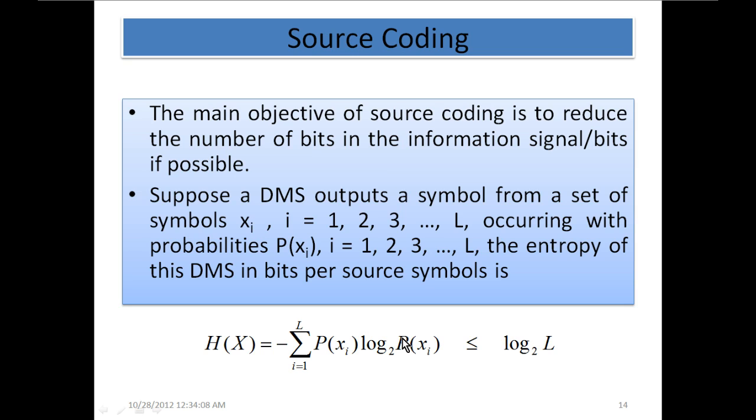Now we have so far built the basic building blocks or concepts which are required to understand source coding. Now we are going to understand what is source coding by itself. The main objective of source coding is to reduce the number of bits in the information signal, if possible. It's very simple: we want to reduce or compress our source information which we are going to transmit.